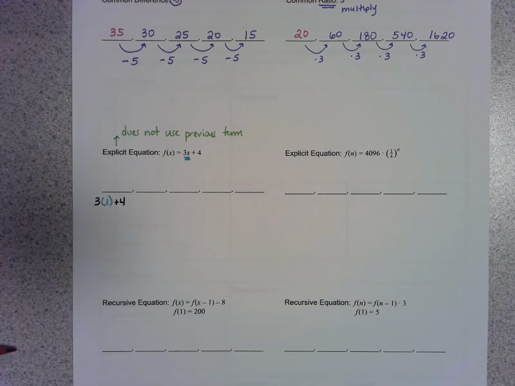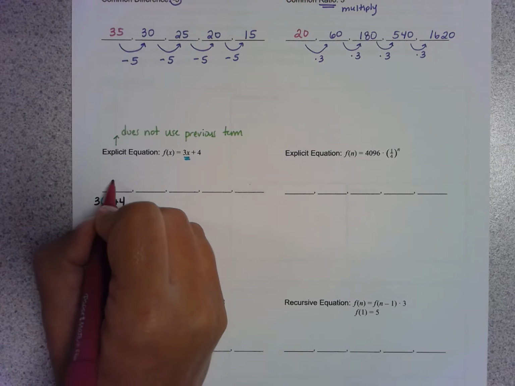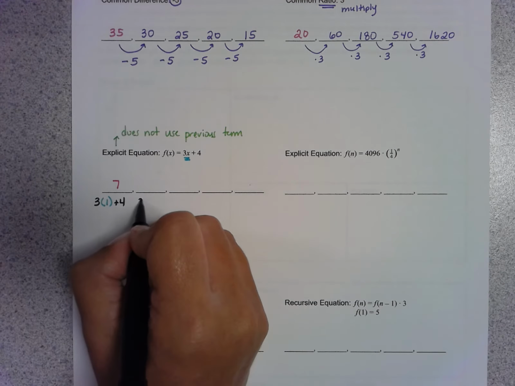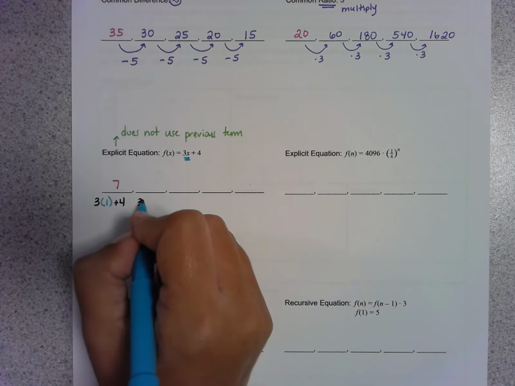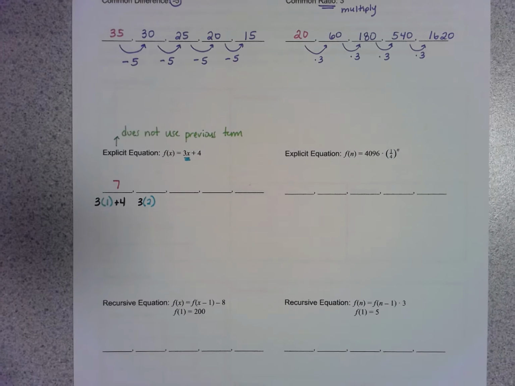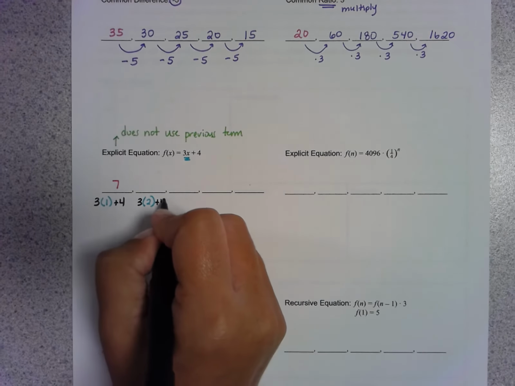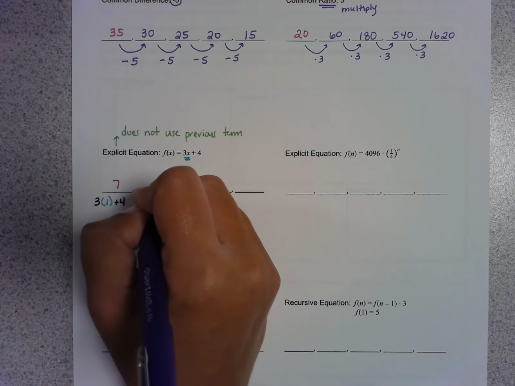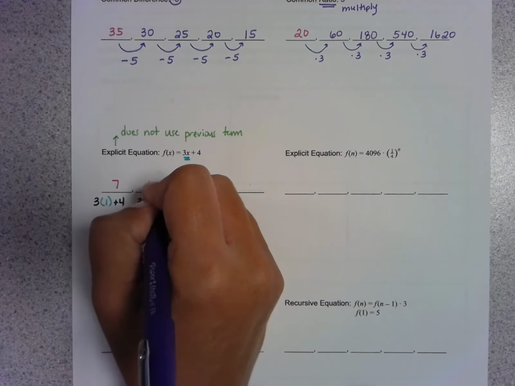Now, if I type that into my calculator, I should get 7 as my first number. To get the next number, I would plug in the number 2 instead of my x. And when I type that into my calculator, 3 times 2 is 6 plus 4 is 10.